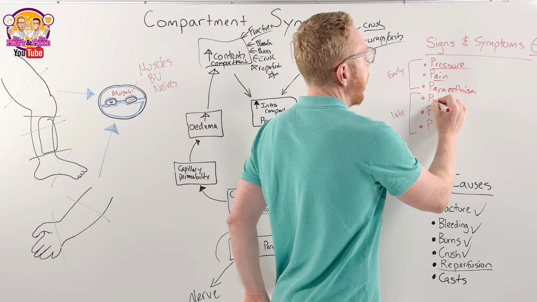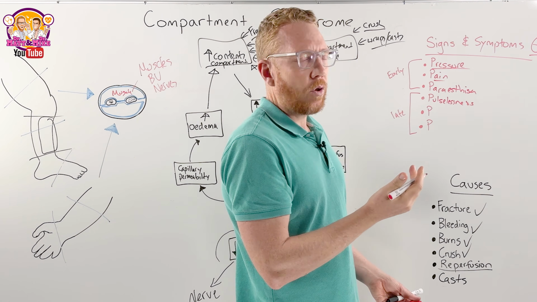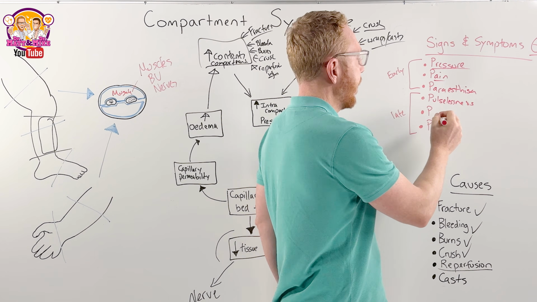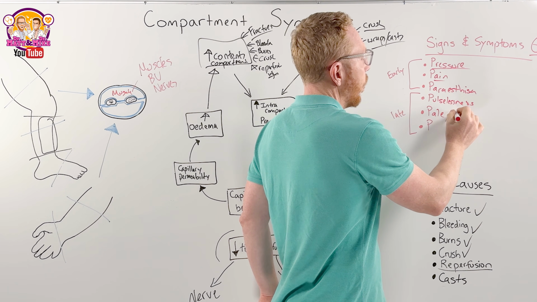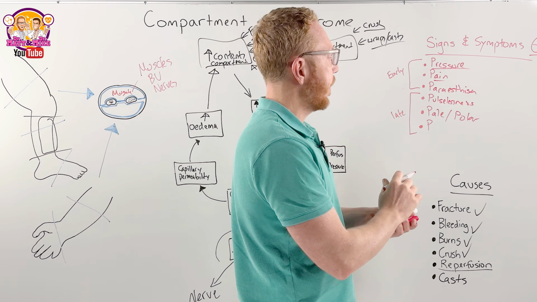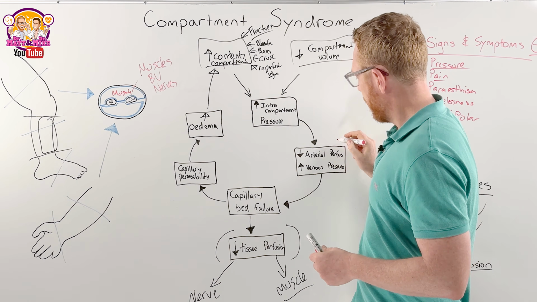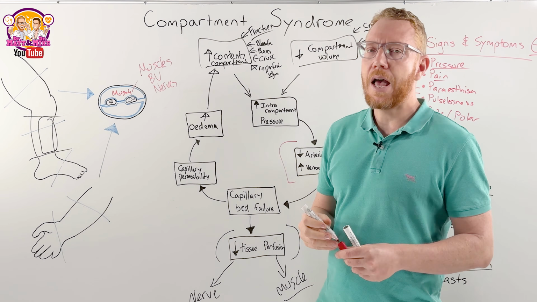So we might see pulselessness. In doing so, we would also see that area become pale or cold. So pallor, pale. Cold extremities, pale extremities, limited pulse. Again, that's due to the restriction in perfusion arterially.